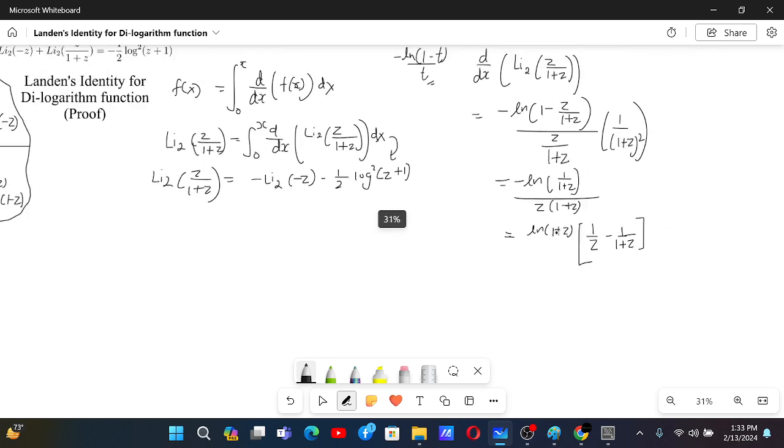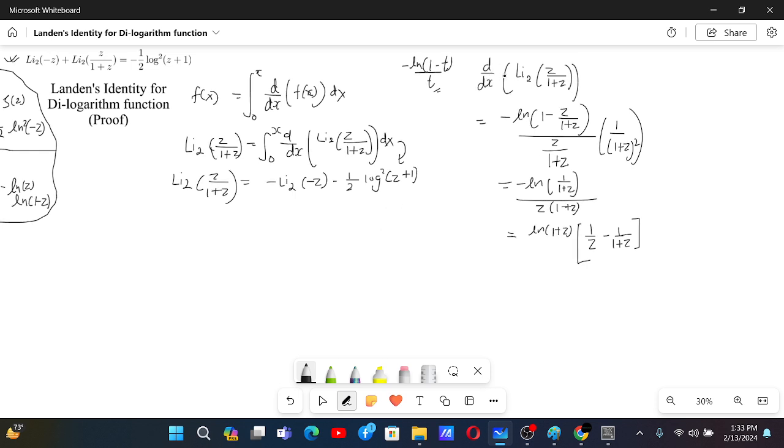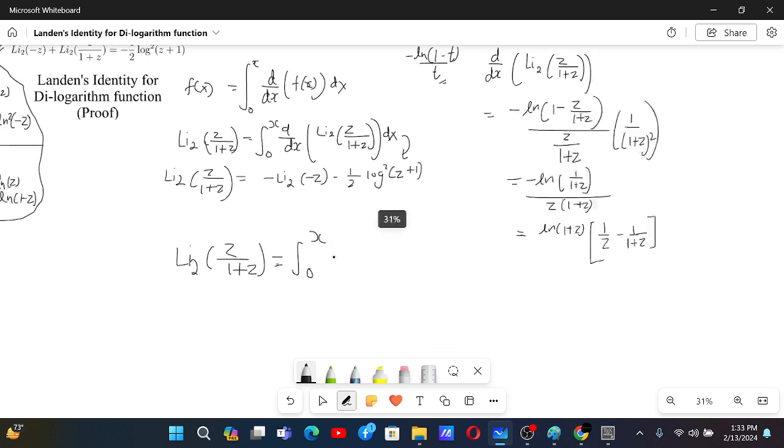Now let's integrate this to get the original function. So Li2 of z by 1 plus z, to get this we have to integrate this from 0 to z.